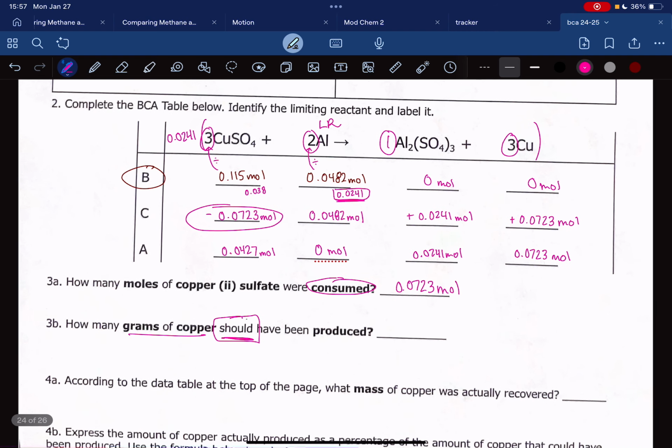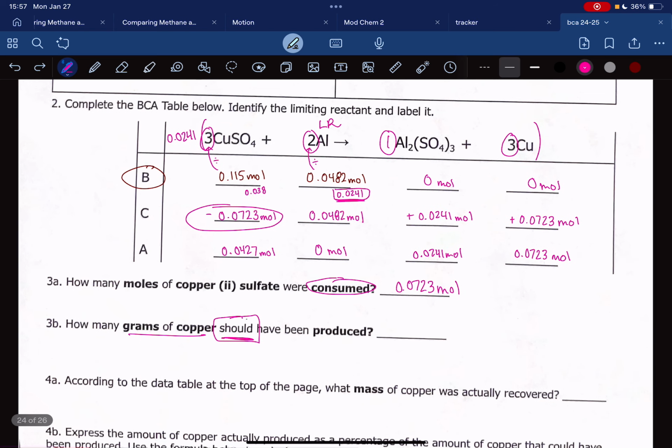So there could be all kinds of reasons why your actual yield is not the same as your theoretical yield. Your theoretical yield is always given by the A row of your BCA table. This is how much product should have been made from the amount of reactant that you started with.